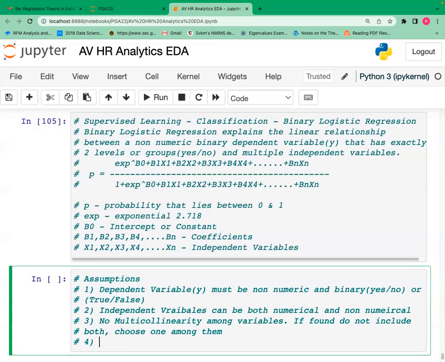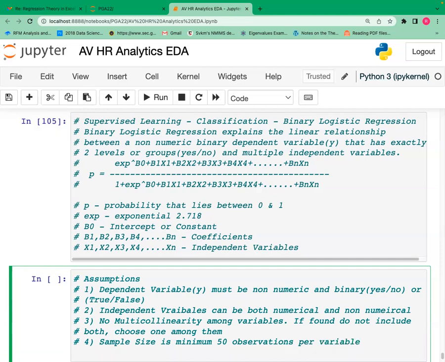Fourth, sample size is minimum 50 observations per variable.